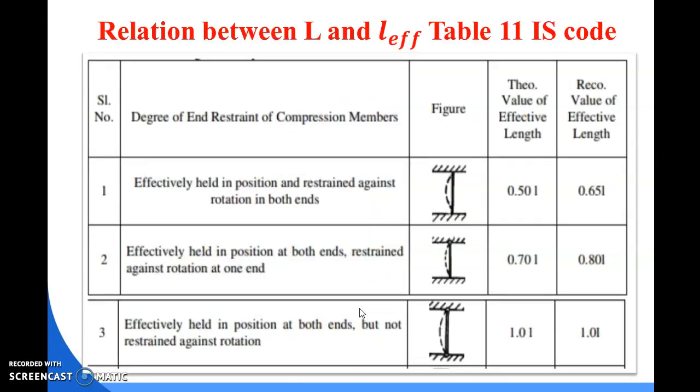So basically, according to the steel design procedure, in case of IS 800:2007, we need only these three types of conditions. Okay. So basically, we use these three kinds of end condition for the design purpose.